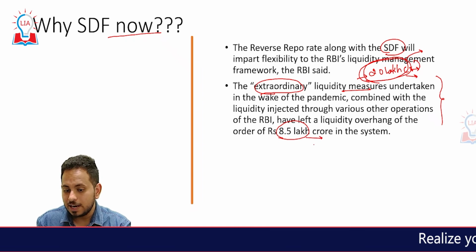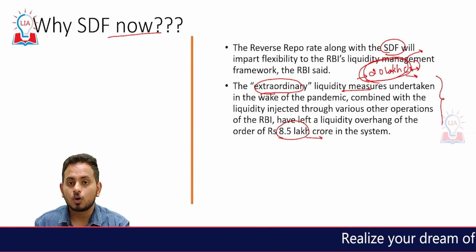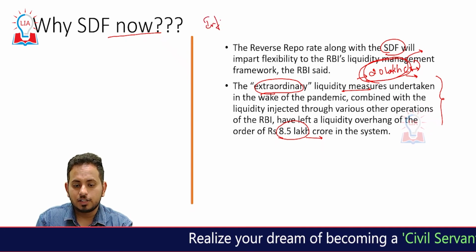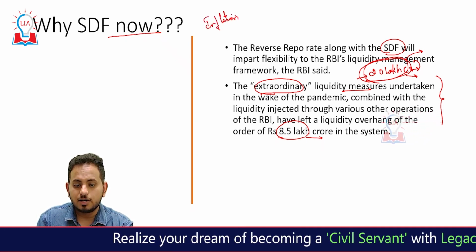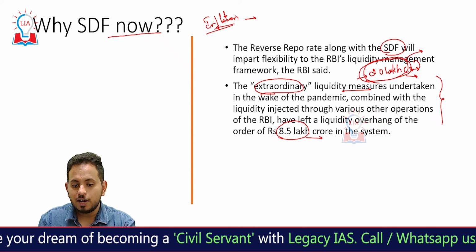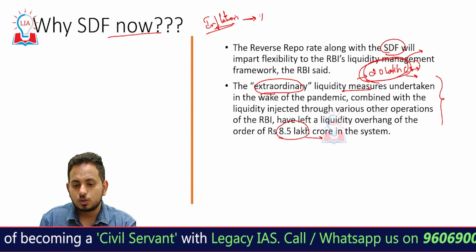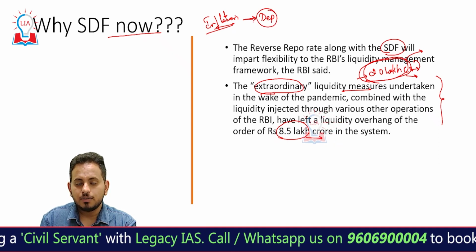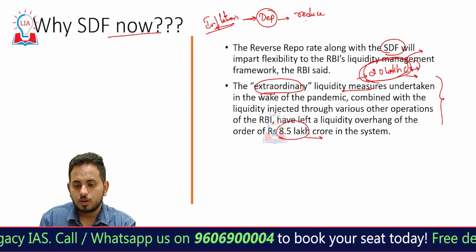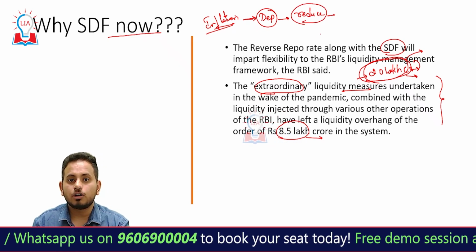So if this 8.8 lakh crore is not removed from the economy, it will lead to inflation, which is the general rise in the price of all the goods in the market, and this inflation will further lead to depreciation in the currency, which means the value of the currency would reduce, which is detrimental to the macroeconomic indicators.